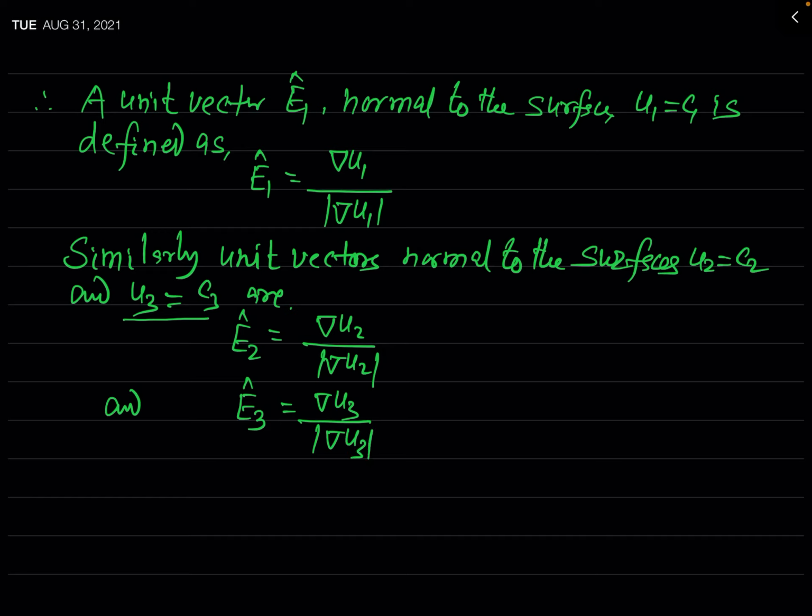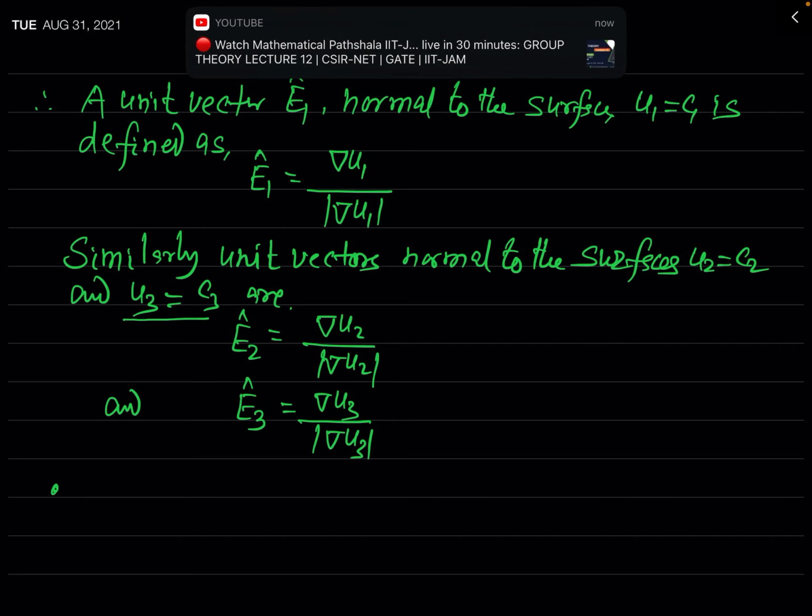In this way we define the two sets of unit vectors in generalized curvilinear coordinate system. Actually, as I have told you earlier, these two sets of unit vectors will be identical if our coordinate system is orthogonal. Now you can see some important facts regarding this concept.